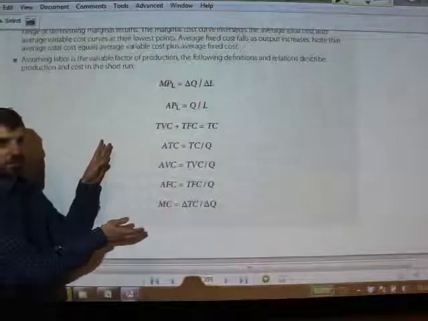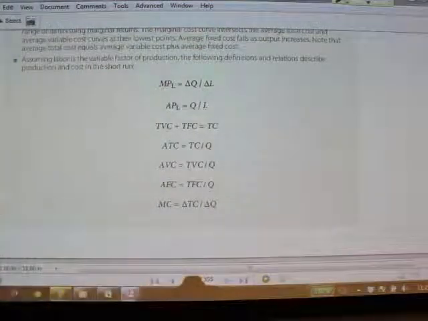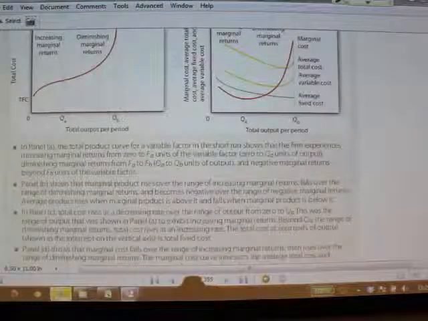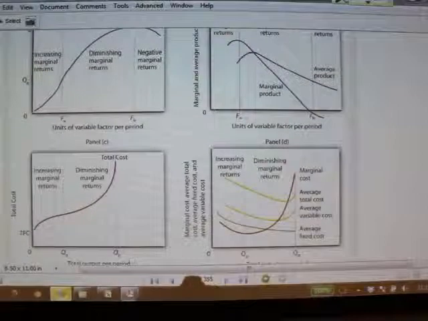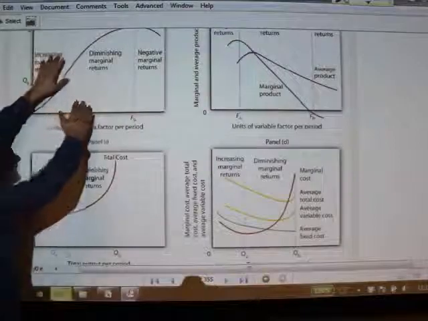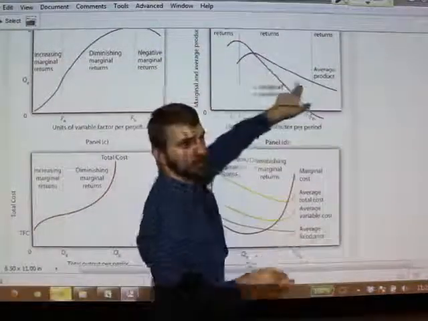All right? So the last thing I want to do in this lecture is show you the graphs of what these look like. And we'll do that in 2 ways. First, we'll look at graphs from the textbook, and then we'll look at doing this in Excel. So again, we have total product curve, and then the derivatives of that, marginal product and average product.